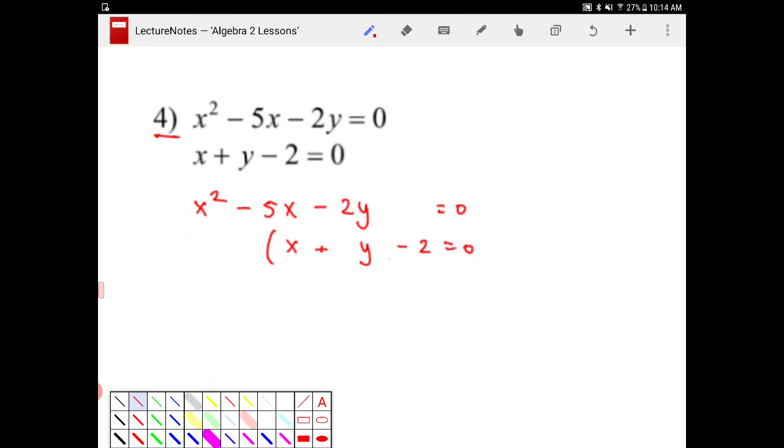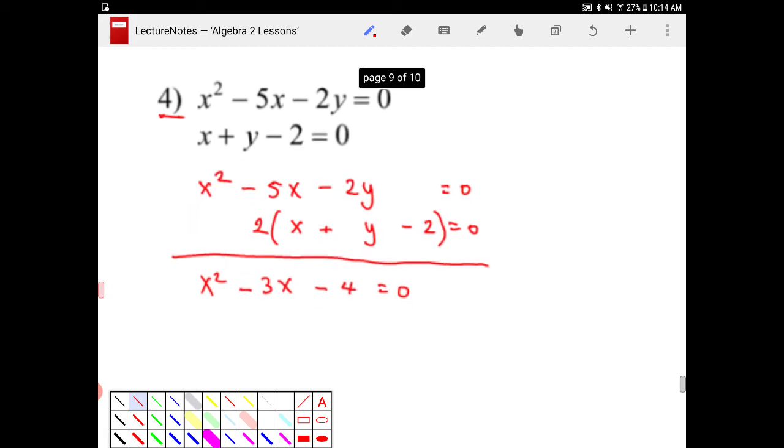I want to multiply the bottom equation here by positive 2 because I want the y's to cancel. So I end up with x squared minus 3x, and then the y's will cancel, and minus 4 is equal to 0.